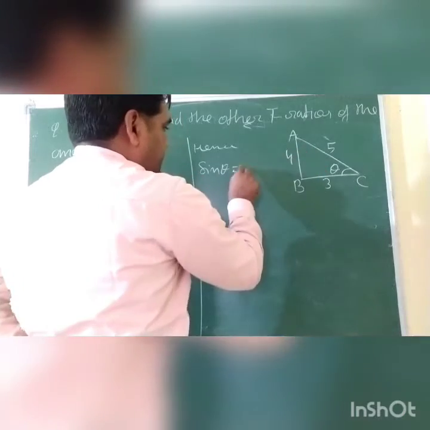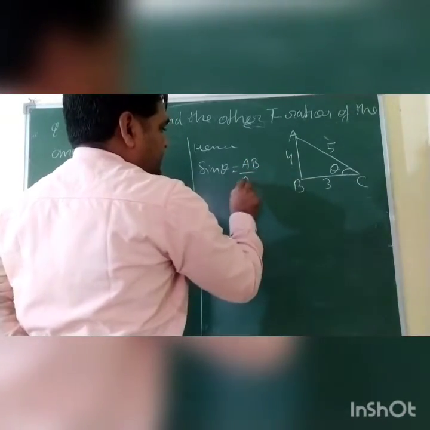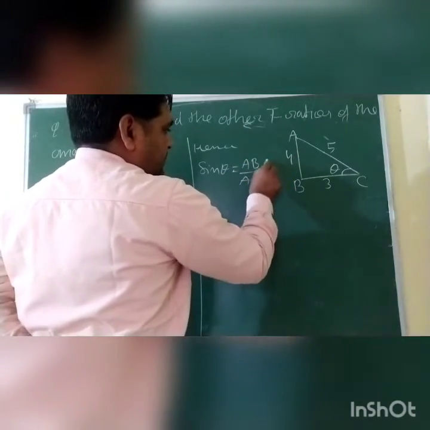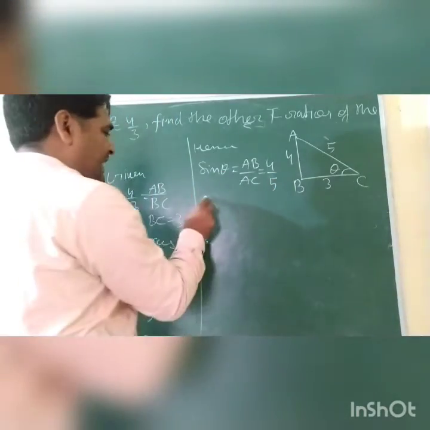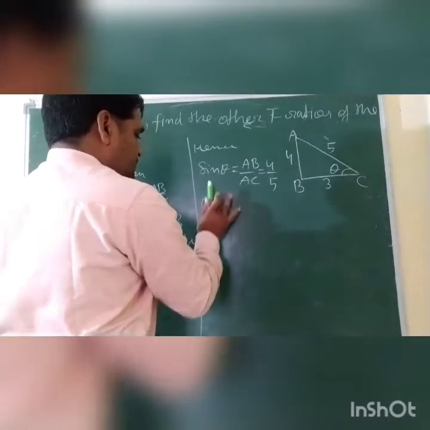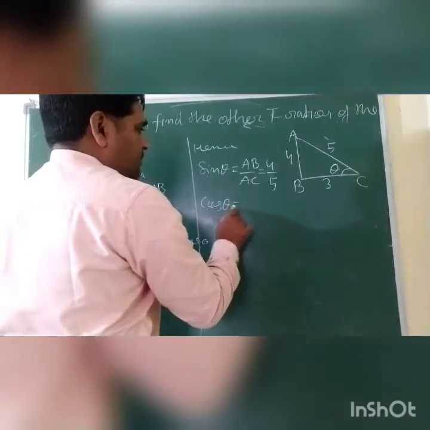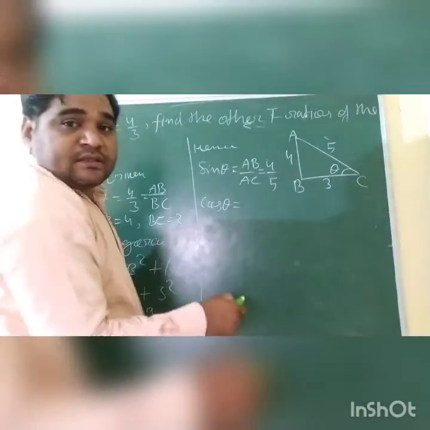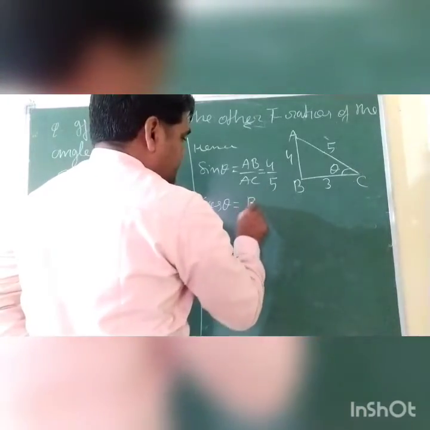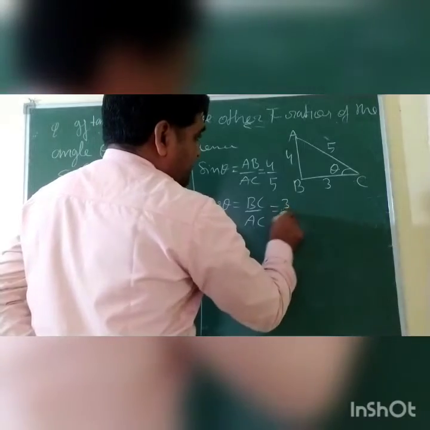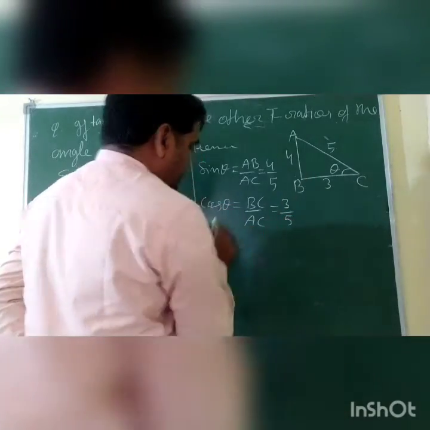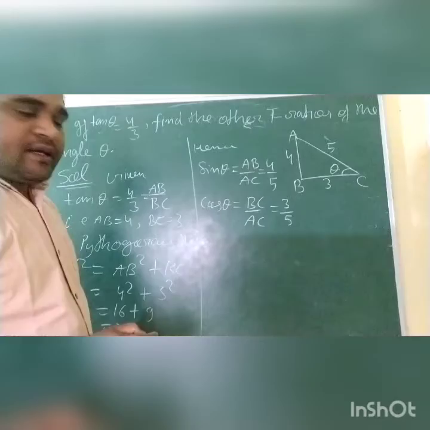Here AB is the perpendicular and AC is the hypotenuse, with AB equal to 4 and AC equal to 5. So sin theta equals 4 by 5. Cos theta equals base by hypotenuse, BC by AC, where BC is 3 units and AC is 5 units. So cos theta equals 3 by 5.